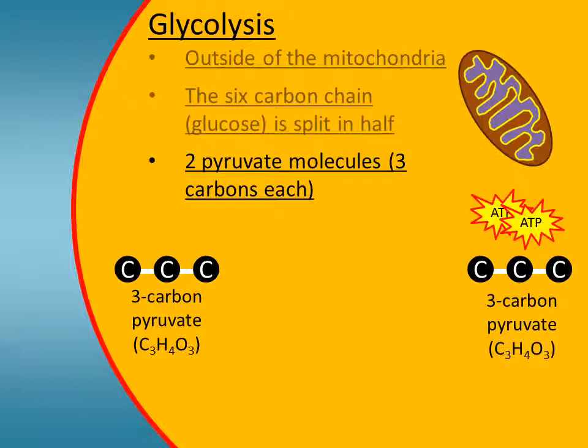Now in the process of doing that, we will gain 2 ATP as part of this step. But so far we've just broken the glucose molecule in half. Now those molecules of pyruvate will then be able to move into the mitochondria, specifically the matrix of the mitochondria, the very inner space. That's where we're going next.